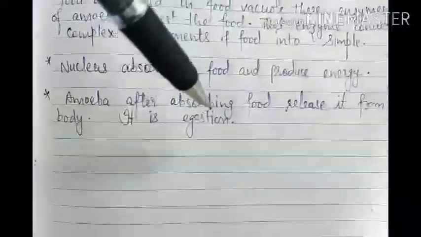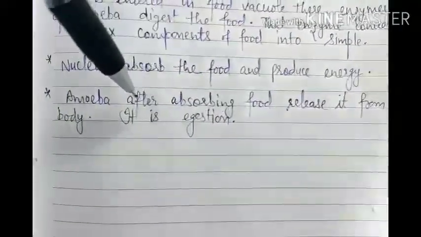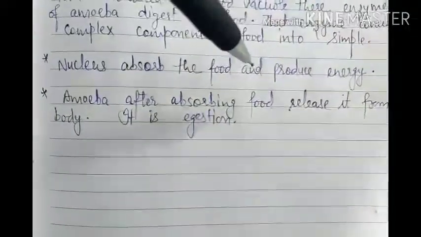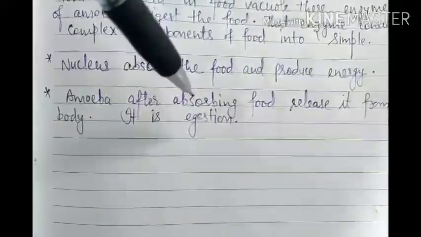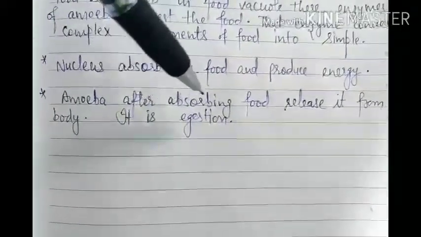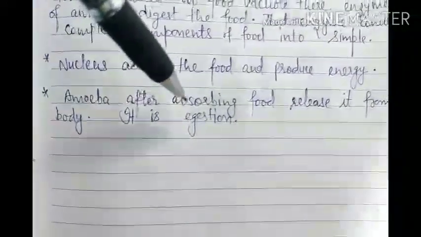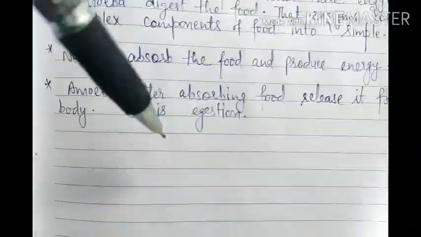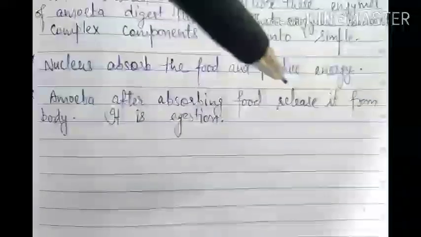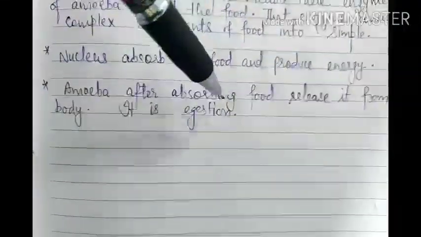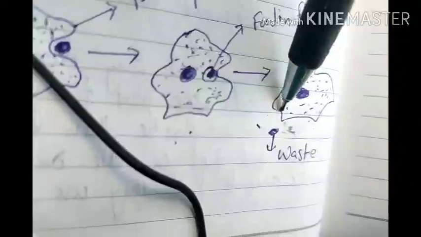When the food is absorbed by the nucleus, the non-digested food is no longer of use, so it is released from the body. As we release waste particles from our body, similarly the amoeba also releases waste food from its body.